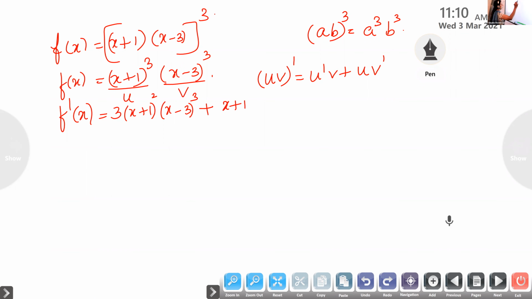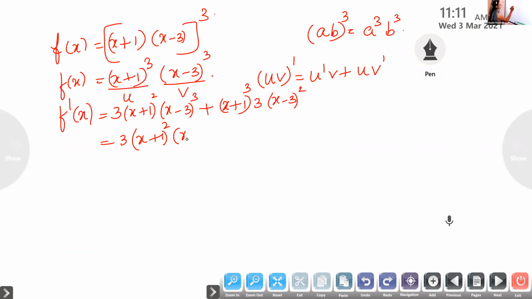Okay. Now, from these two terms, which terms can you take outside? Take the common terms outside. So we can take 3 outside, x plus 1 the whole square into x minus 3 the whole square as common. Now what is left out here?